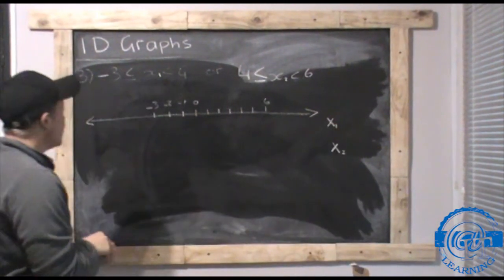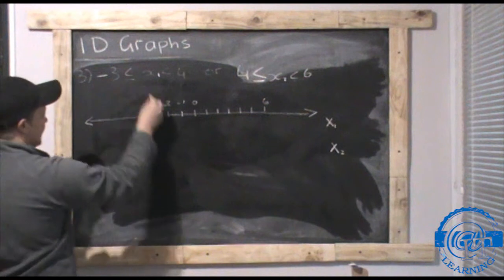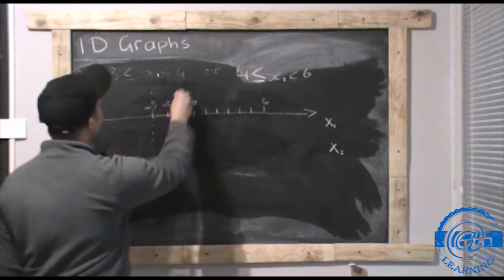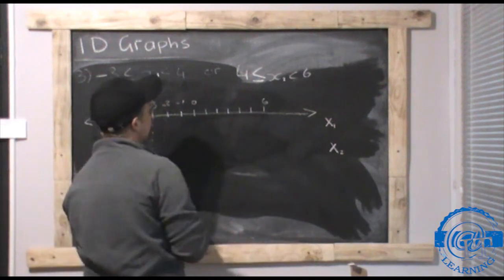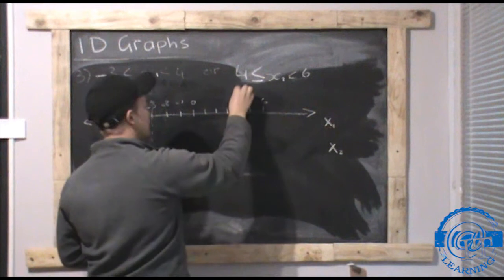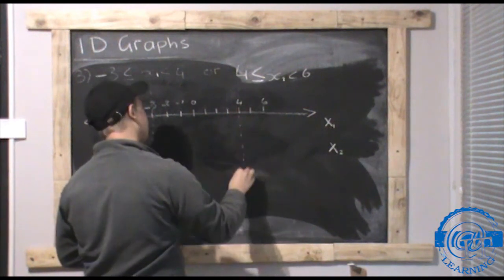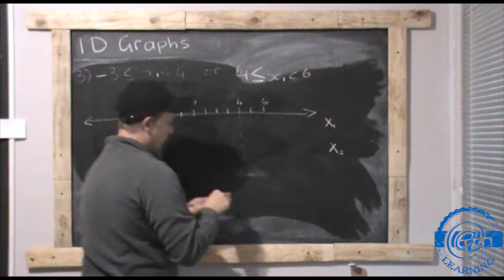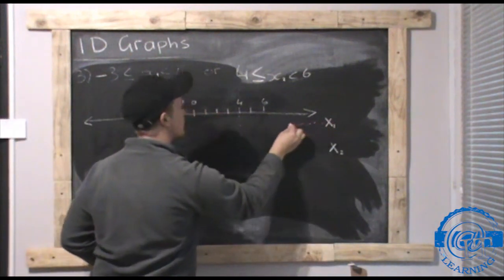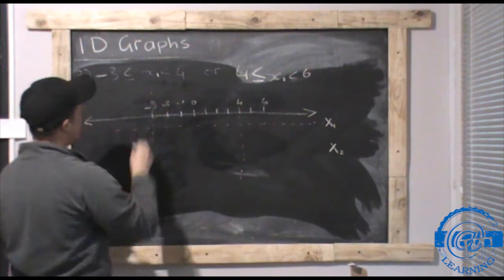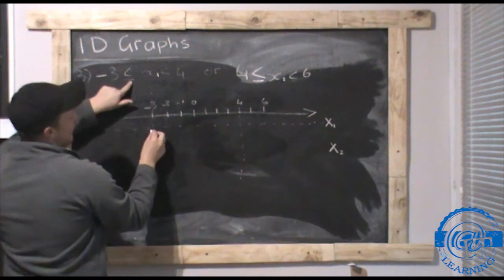Now, let's bring over the numbers. -3, and 4. That's number 4. Let's bring it down. Then we bring over x1 horizontally. Cool. There's an intersection. It's inclusive.